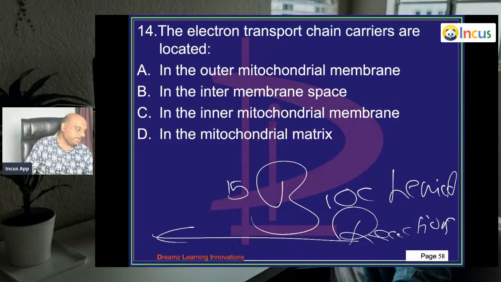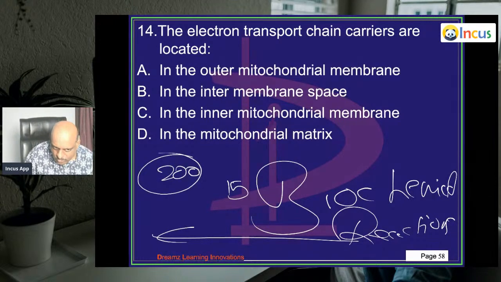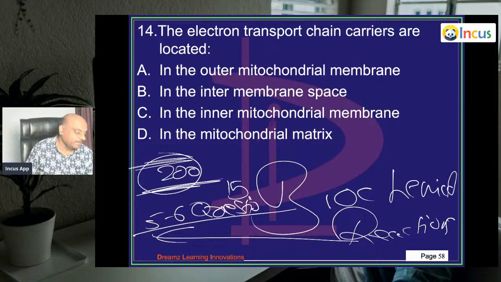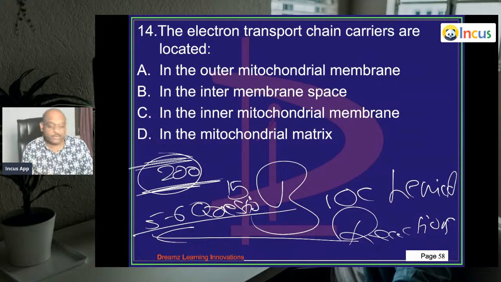How many questions will come from the whole of Biochemistry in tomorrow's NEET PG? 5 to 6 questions will come. And what will come in those 5 to 6? Glycolysis, gluconeogenesis, glycogen synthesis, glycogen breakdown, citric acid cycle, like that. Beta oxidation of fatty acids, fatty acid synthesis, cholesterol metabolism, purine biosynthesis, pyrimidine biosynthesis, uric acid production, and the urea cycle.